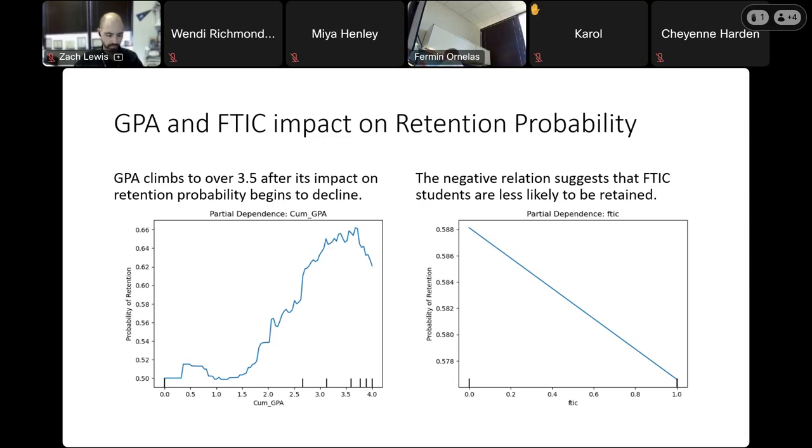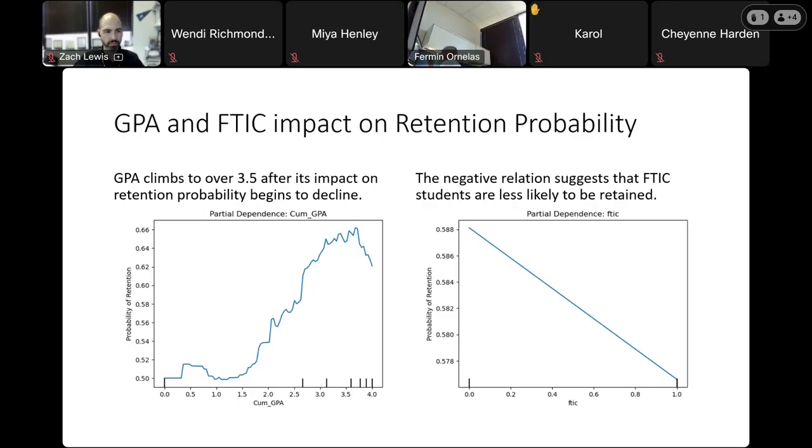In the next chart, what I'm showing you is just a simple line, because this is an indicator. It's either 0 or 1. 1 if the student is FDIC, and 0 if not.